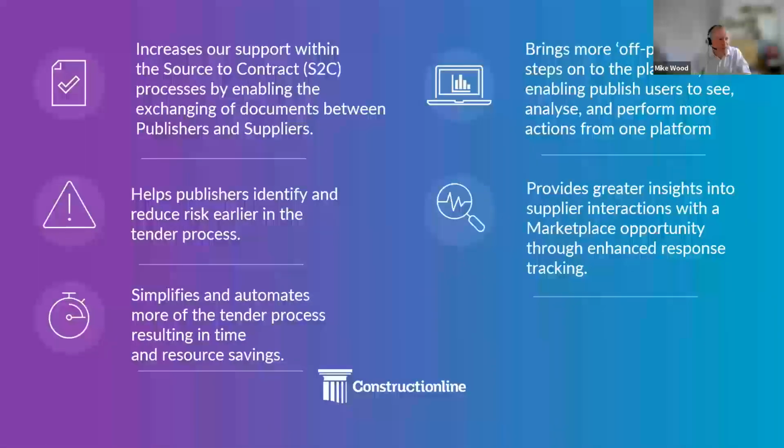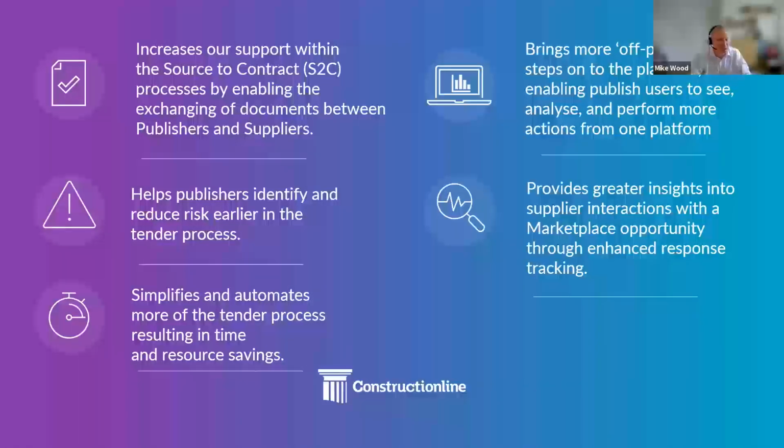So just a couple of further points on Marketplace and Marketplace Publish specifically before we get into the detail of tender requirements. Marketplace Publish is about Constructionline increasing the support in the source to contract process, taking the platform functionality just that little bit further by enabling the exchange of information between both buyers, publishers typically in this context, and any suppliers or subcontractors that you would want to engage with.